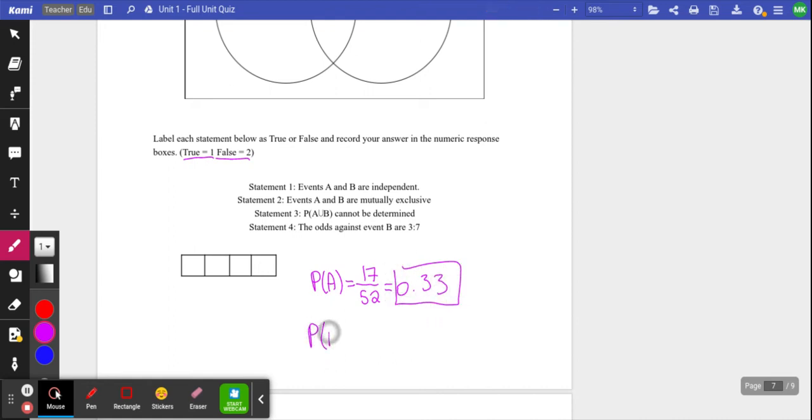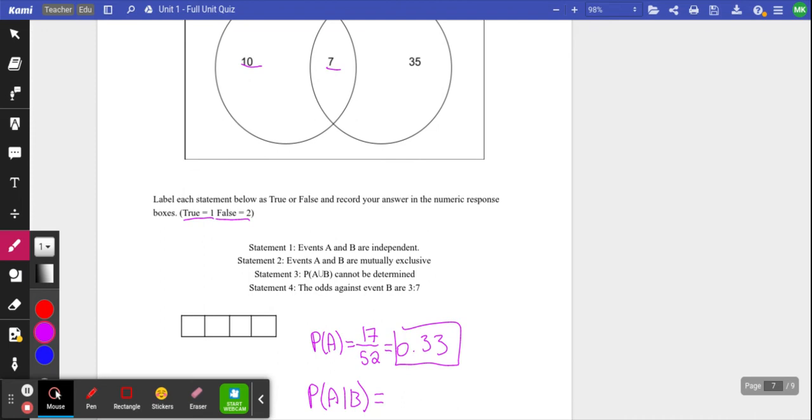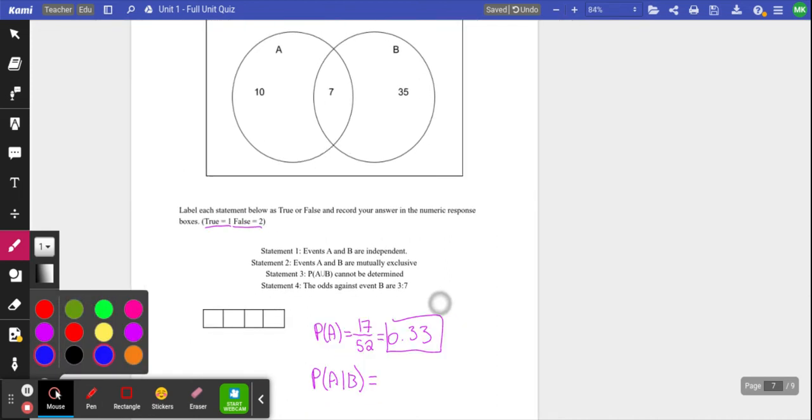Okay, probability of A given that B's happened. That's the independent test. So you want to check the probability of A if you know that you're in circle B. Well, there's now only 7 things that I want because there's only 7 things that are in A and B. Divided by, there's now only 42 possible things because I know that I'm in circle B. If you go 7 divided by 42 in your calculator, your probability is 0.16 repeated.